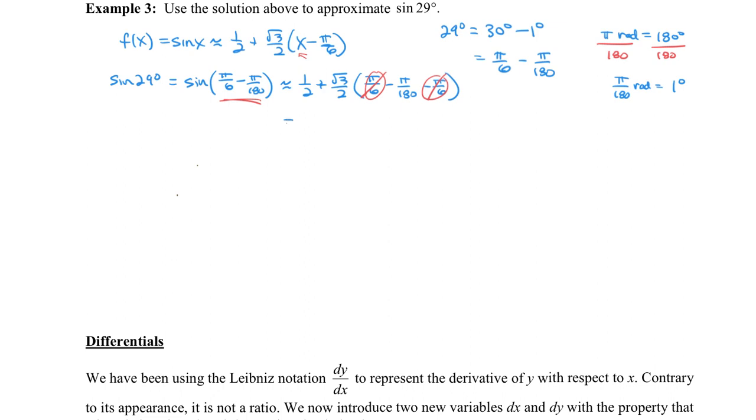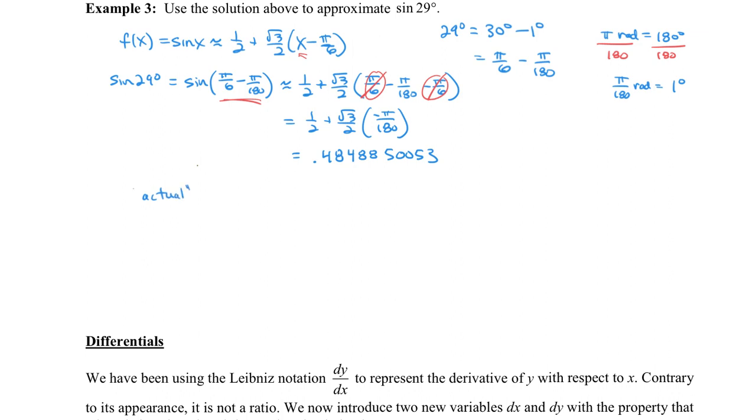So we get that this is equal to 1/2 plus the square root of 3 over 2 times negative pi over 180. And this one I'm going to punch in the calculator, and we'll get 0.48488500053. Okay, so let's see what the actual value is.